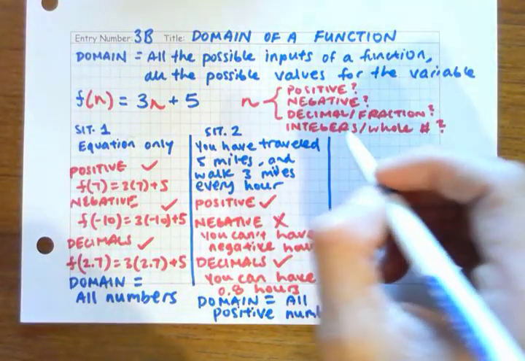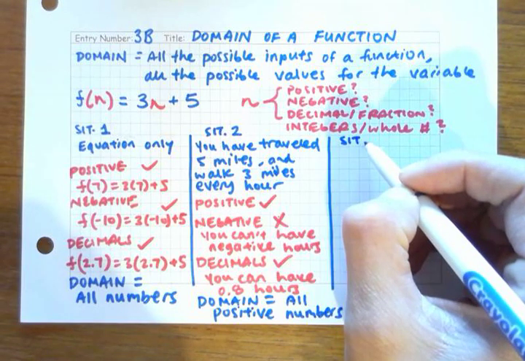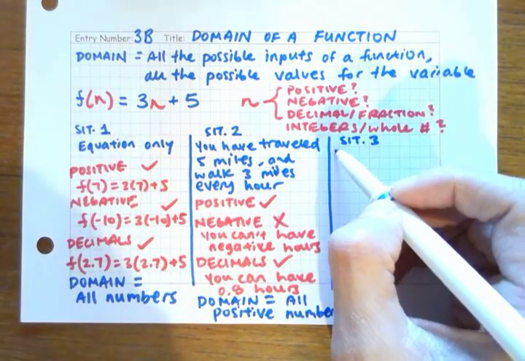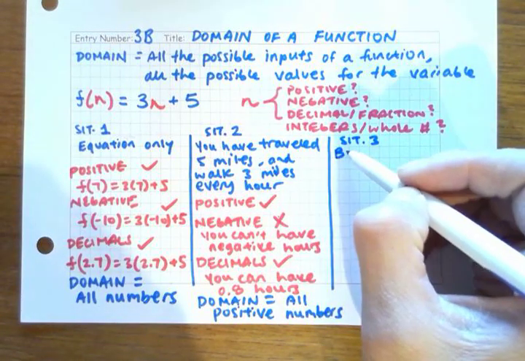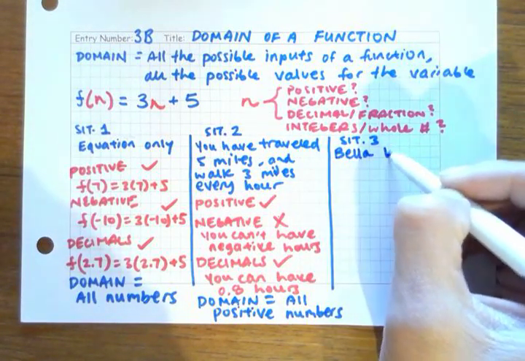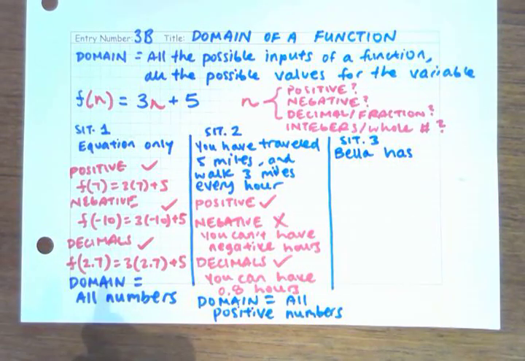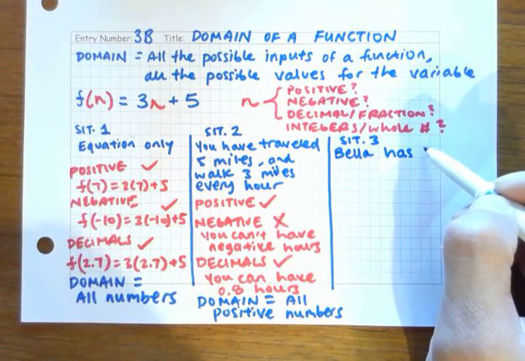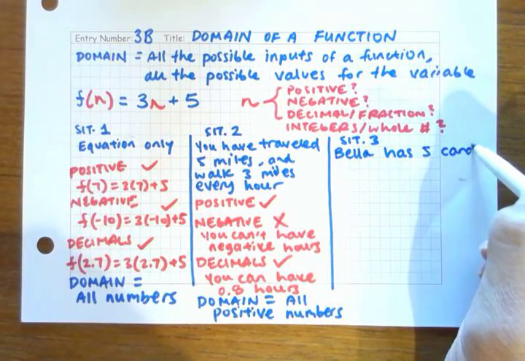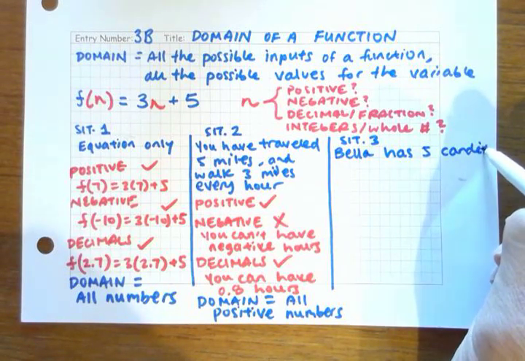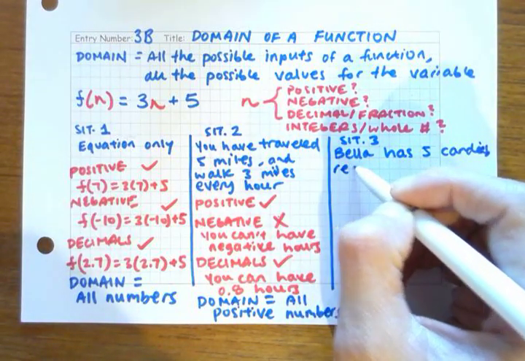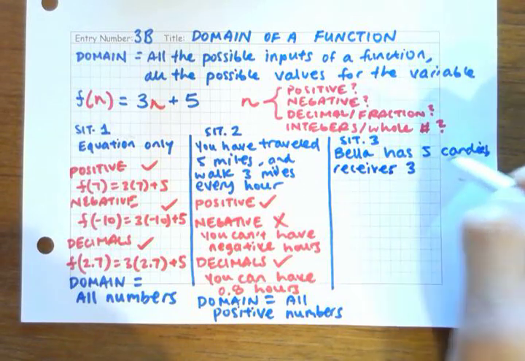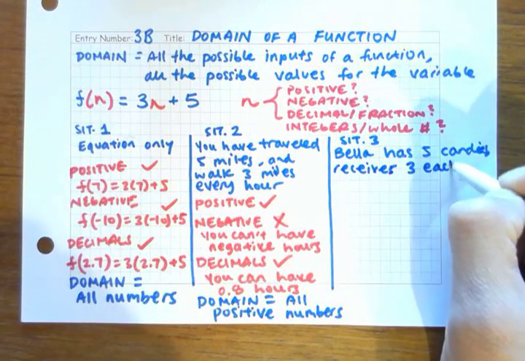Okay, last situation, situation 3. And it's my favorite trick-or-treating example. So we'll say Bella has 5 candies and she receives 3 each house.